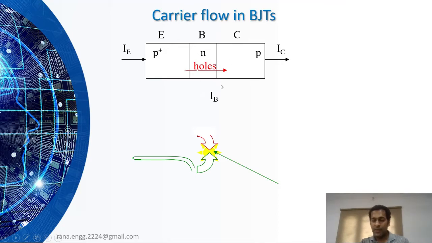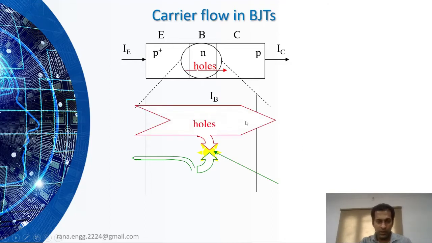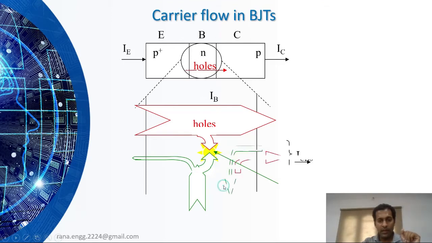But what is happening at the base, that we have to see. At the base, if we zoom in, there will be hole movement from the base and a few holes which are coming from the P side. The N side has electrons. So these holes will have a tendency to combine with the electrons and settle themselves. So here there will be recombination of electrons and holes, and that will get attached at some place, right?